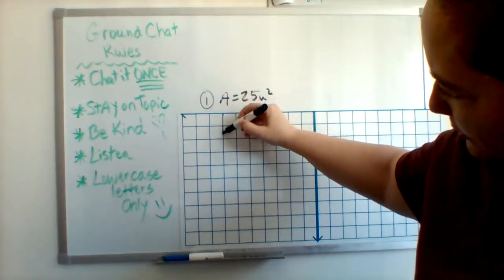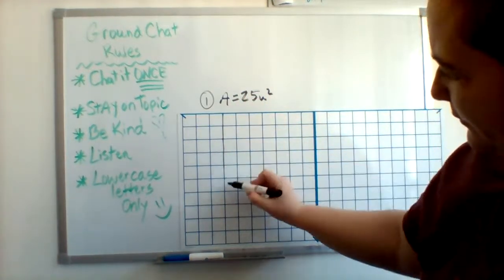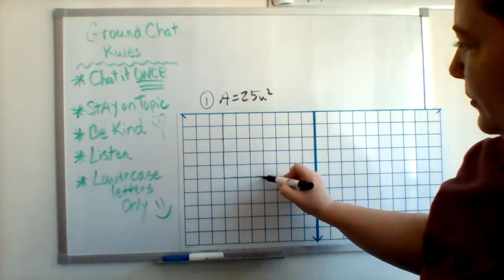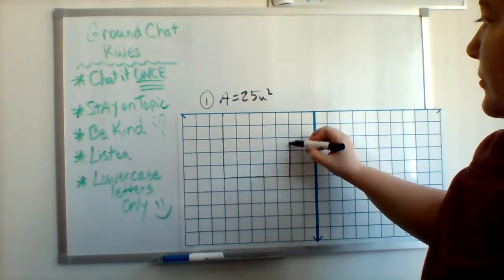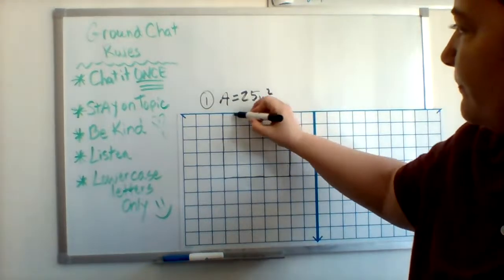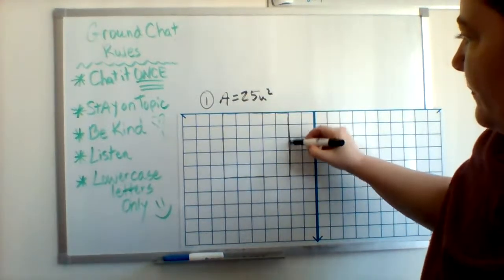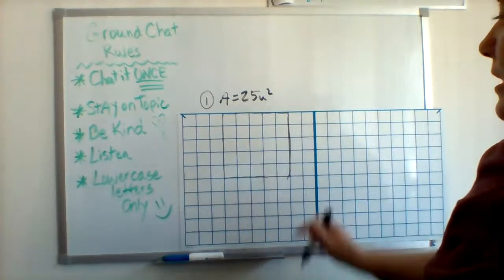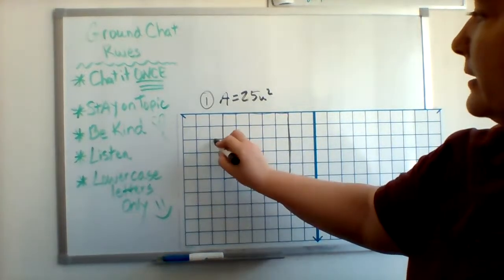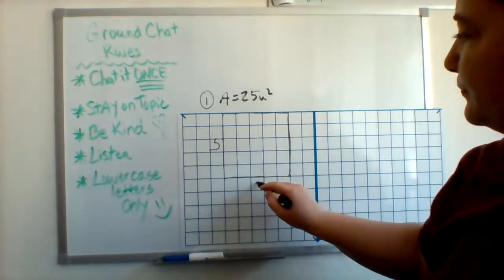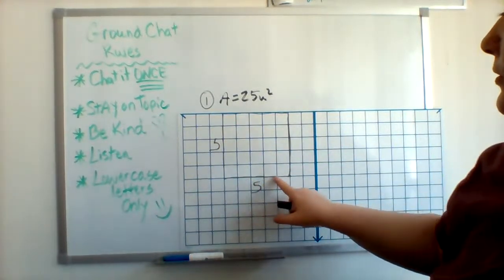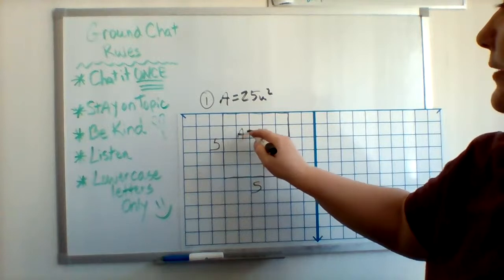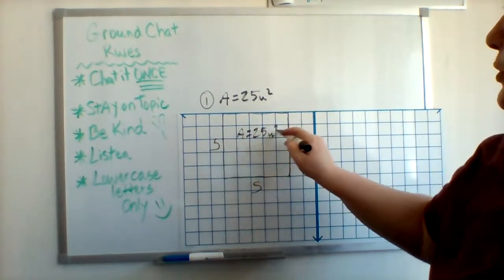Let's say 1, 2, 3, 4, 5. 1, 2, 3, 4, 5. 1, 2, 3, 4, 5, right? There's my square. You're telling me that each side length is 5. 1, 2, 3, 4, 5. 1, 2, 3, 4, 5, which makes the total area 25 units squared, right?